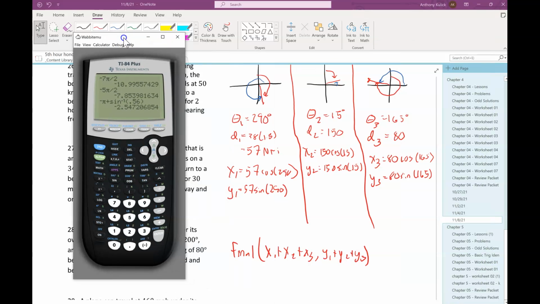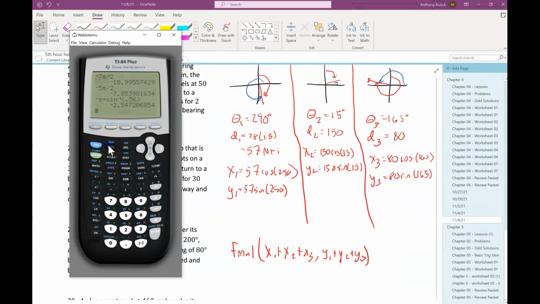Okay, let's type all that into our calculator. Got to check here first to make sure I'm in degree mode, because all of our angles were in degrees. So 57 cosine 290 plus 150 cosine 15 plus 80 cosine 165.